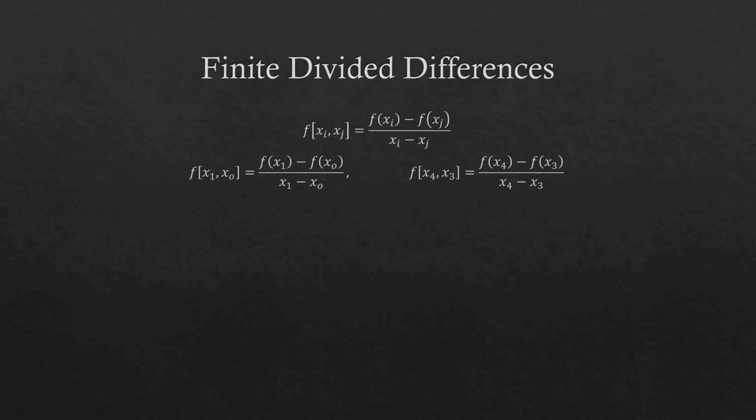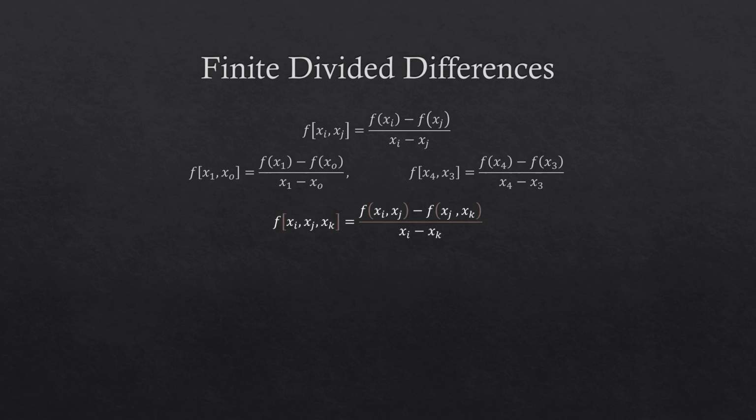Now for the second finite divided difference, f of x sub i, comma x sub j, comma x sub k, that will be equal to f of x sub i, comma x sub j minus f of x sub j, comma x sub k divided by x sub i minus x sub k.